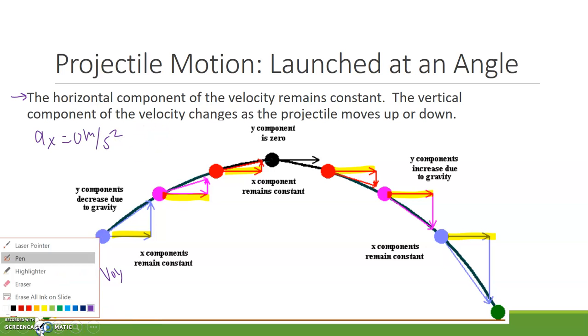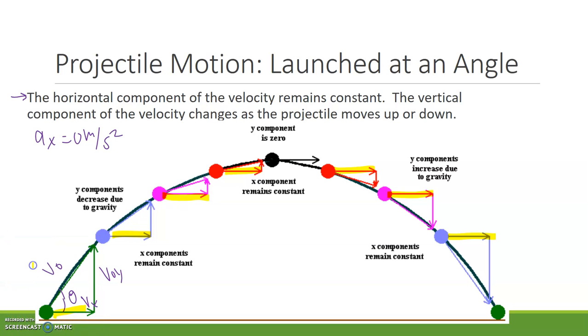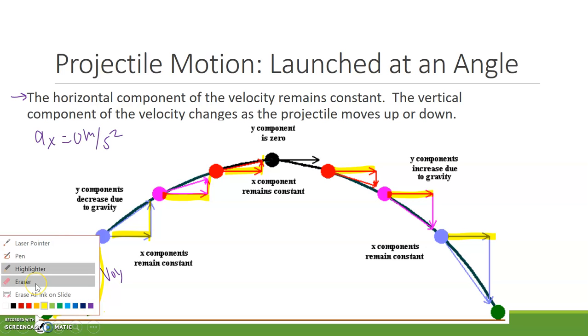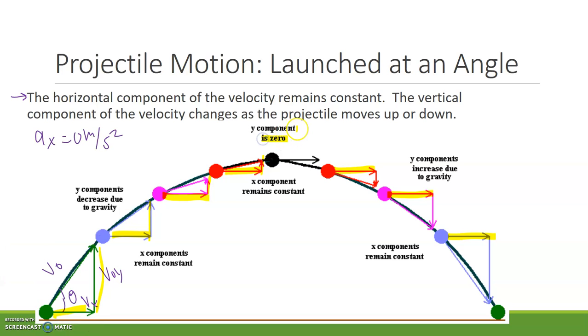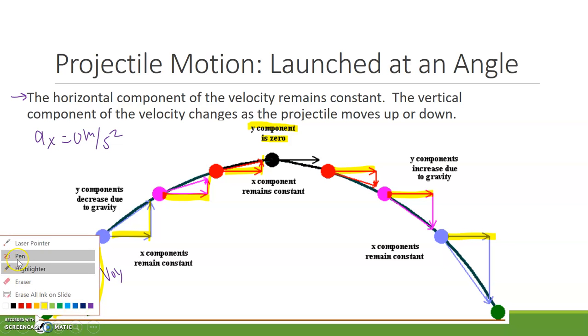Next, let's look at the vertical vectors, specifically on the way up. Here is our initial vertical velocity. Notice how those vectors get smaller and smaller. This tells us that vertically, the object is slowing down on the way up until at the very top, the y component of the velocity is 0.